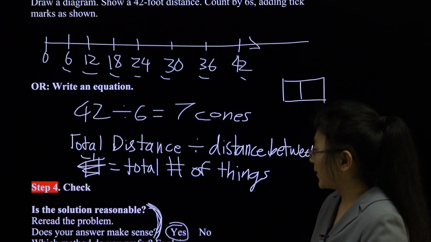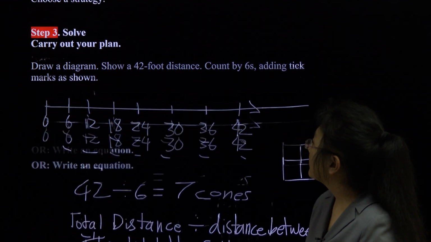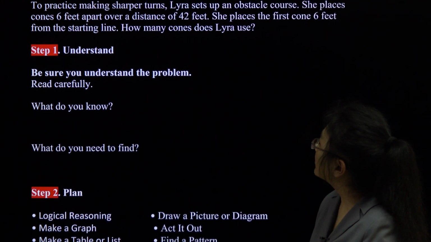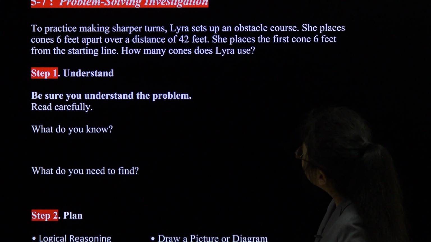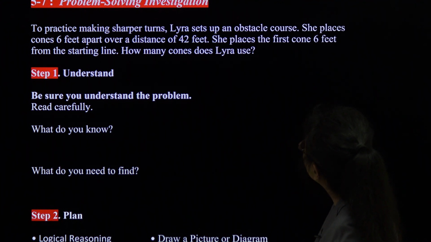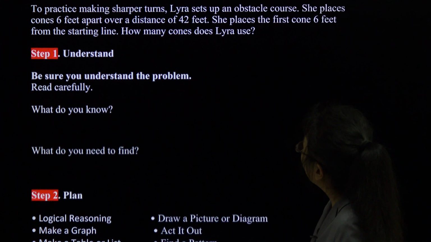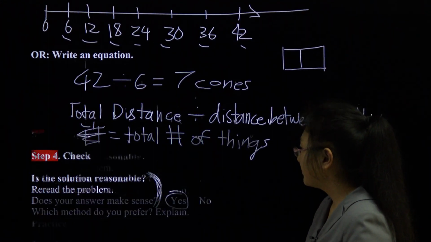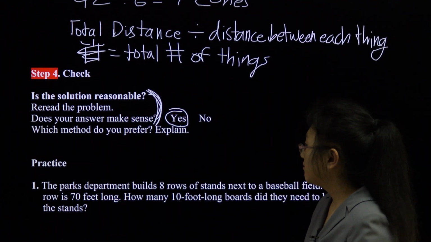And if you don't know your multiplication table, please know it fast. So we reread the problem to make sure our facts are correct. Lyra sets up an obstacle course. She places cones 6 feet apart over a distance of 42 feet. She places the first cone 6 feet from the starting line. How many cones does Lyra use? Yeah, we also answered the problem. So, that's it.